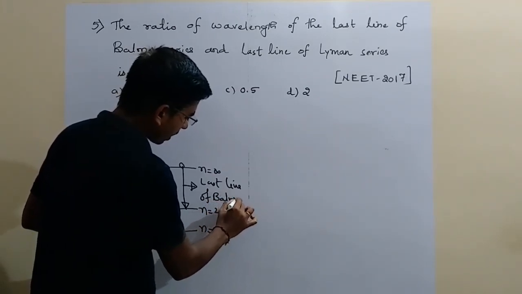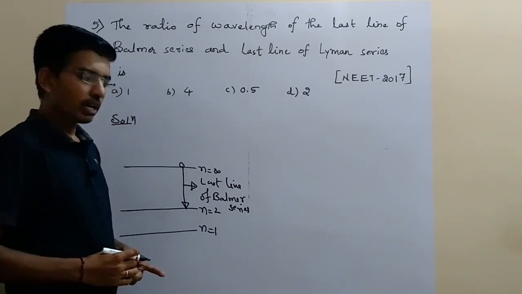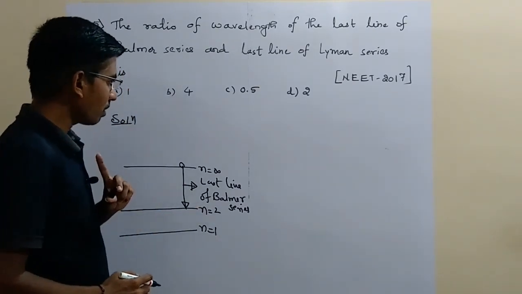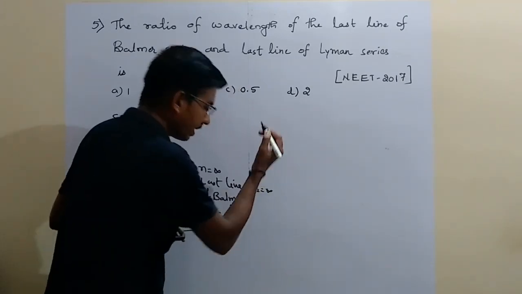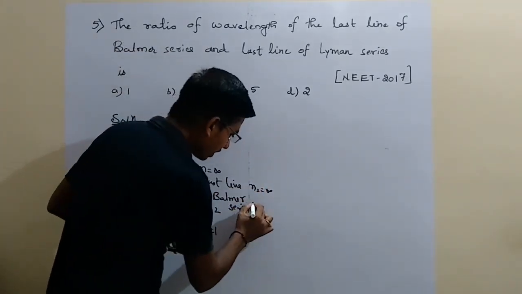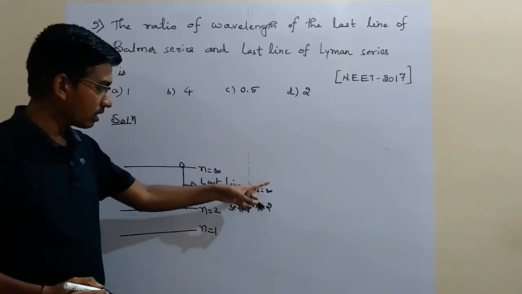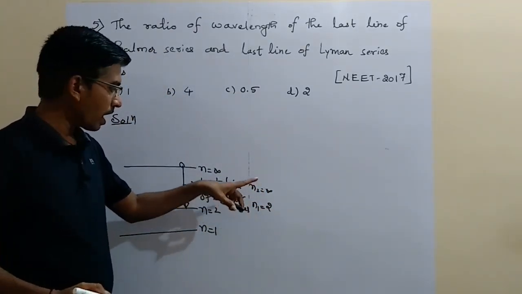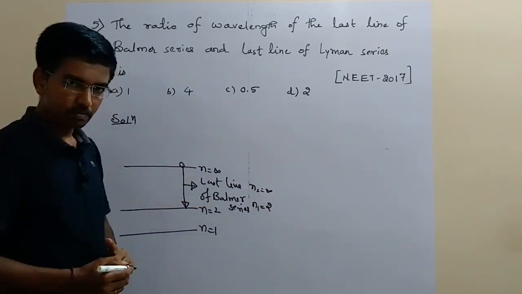So for this last line of Balmer series, n2 is equal to infinity and n1 is equal to 2. These are the important data, which we have extracted from this energy level diagram.